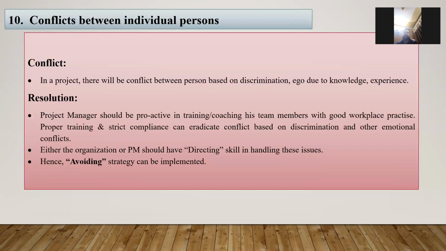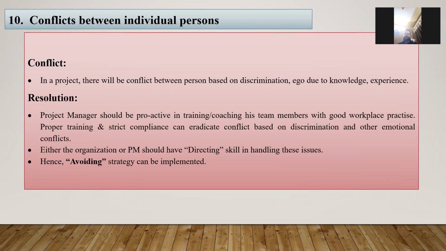Next, the conflicts between individual persons. In a project, there will be conflict between persons based on inequality, ego, and differences in knowledge and experience, and there are also resolutions.